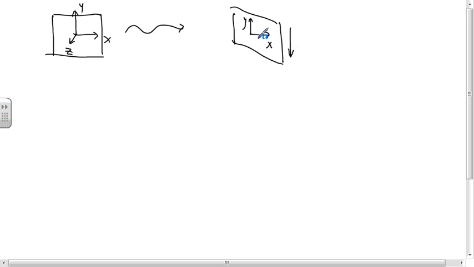And so what element of stress is that? XY, yep, it's on the positive X face, parallel to the Y. And is it positive or negative? Negative because it's in the negative Y direction.